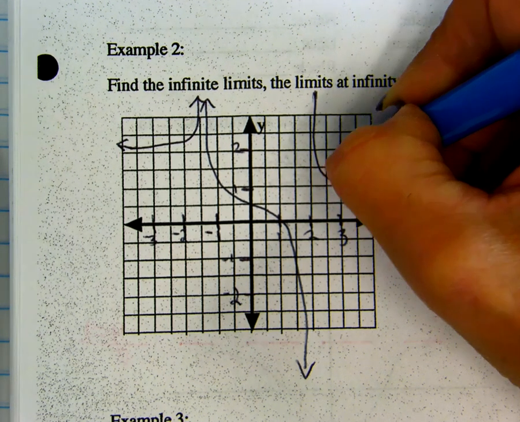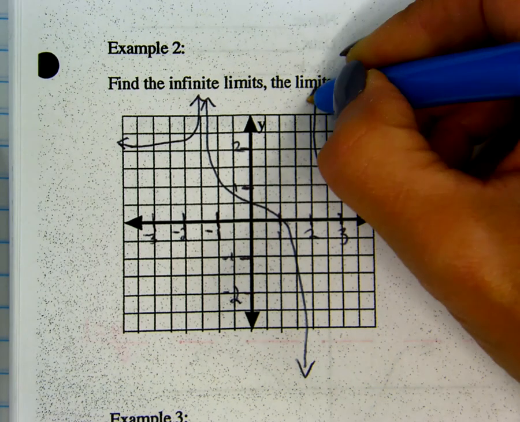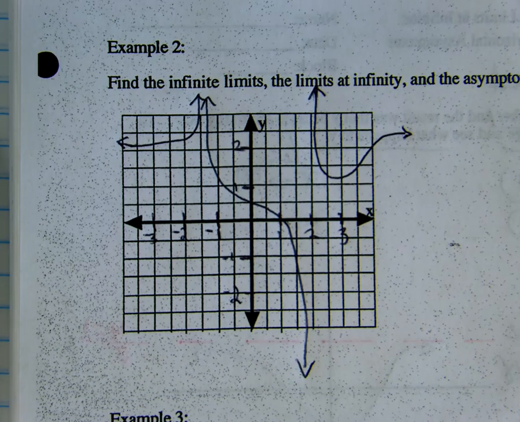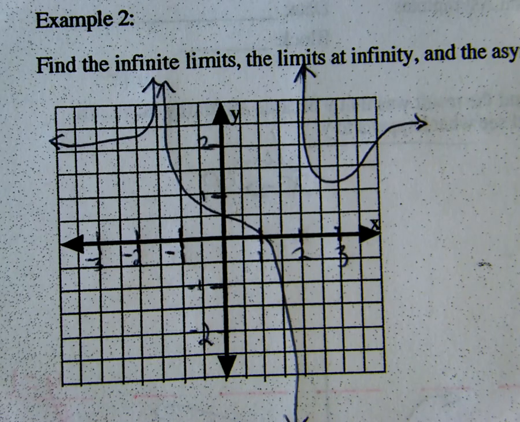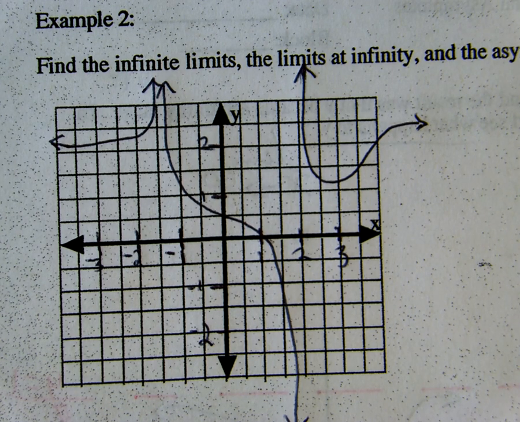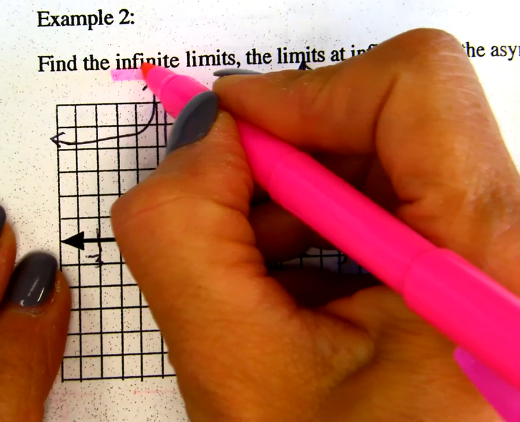And then here I'd like you to draw this. Okay, so we've got 3 branches for this one, and to look at 2 different kinds of limits: infinite limits and limits at infinity.